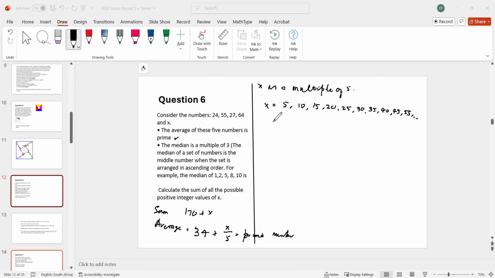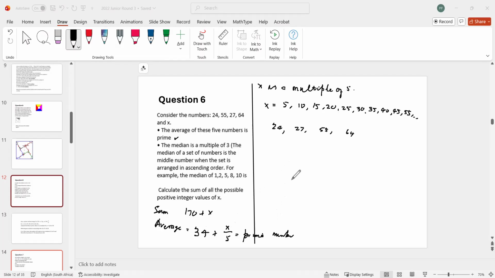Now, if you arrange the 4 numbers which are given in ascending order, you have 24, 27, 55, and 64. Right. Now let's have a look at x. You want this to be a prime number.